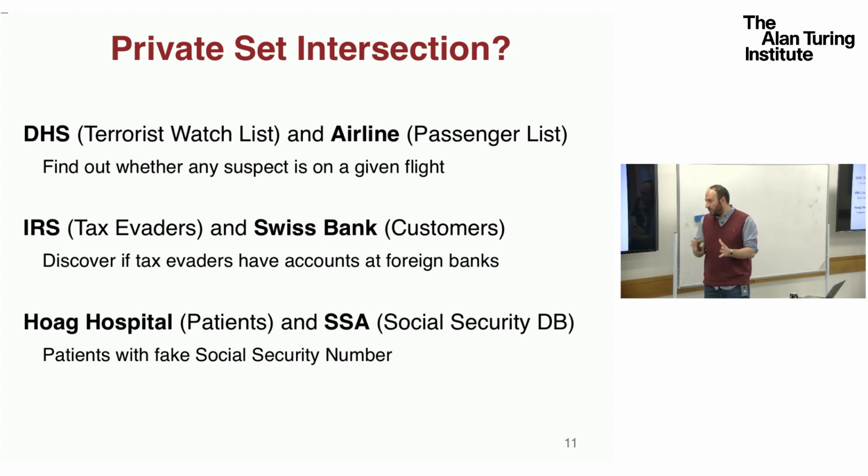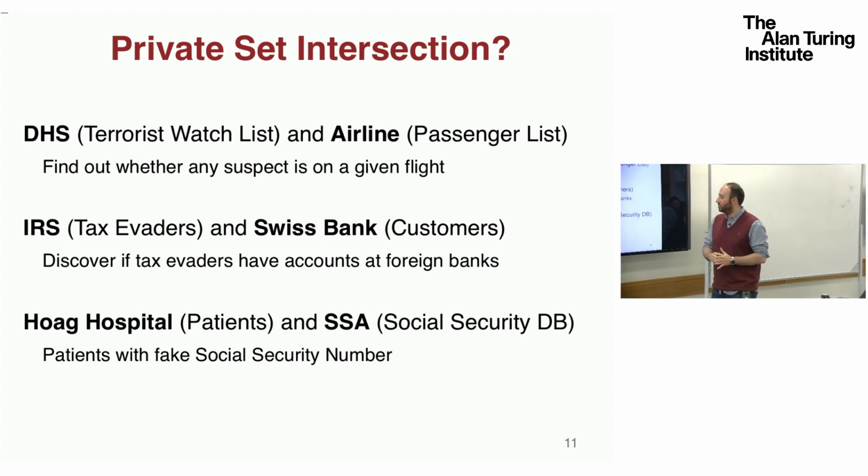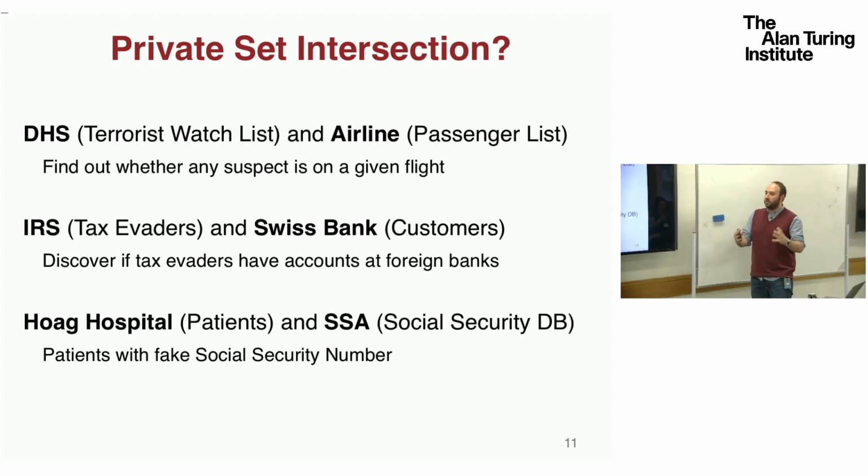In theory, the CIA is designed not to deal with anything on US soil. The FBI instead does. So they cannot really open their data to each other. They wanted to look at these privacy-preserving functionalities so that, if in their databases they had the same terrorist suspect, they could at least know that.